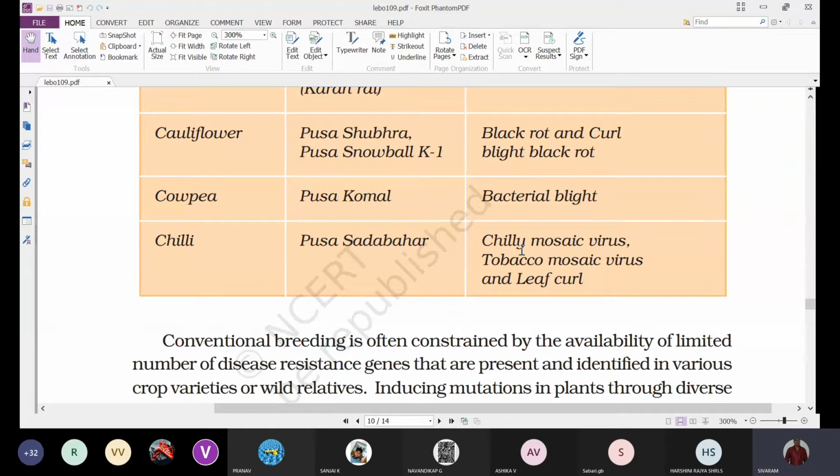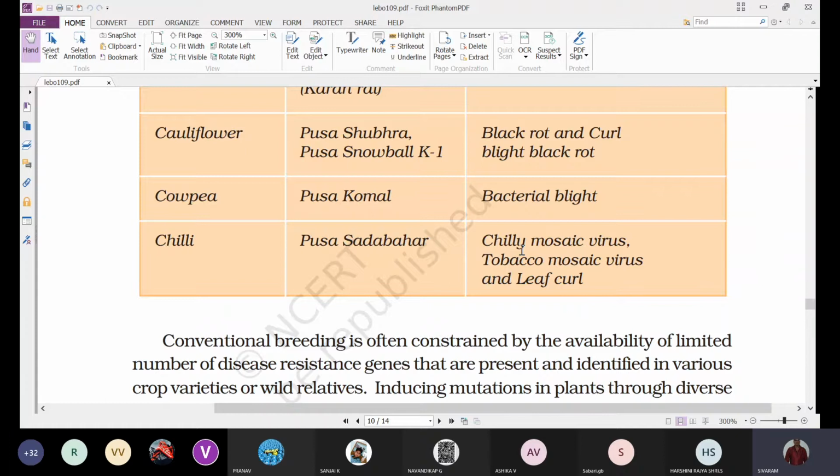And leaf curl, which is regularly observed in the chili crop. That means the leaf develops wrinkles.